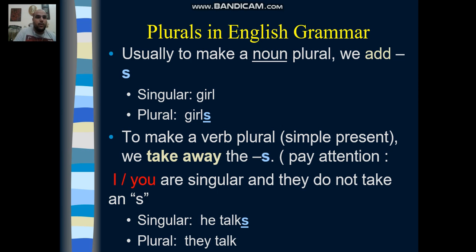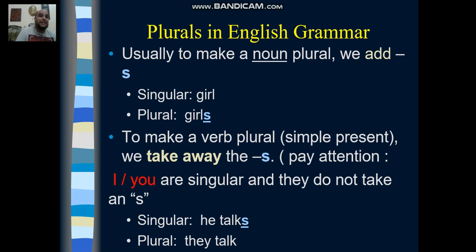So here we have, with a verb in the simple present tense, to make the verb agree with the subject: with I, you, we, and they, do not add anything in the simple present tense, okay. With he, she, and it, we have different kinds. Okay? If the verb ends with an x, just like to fix, you're going to add es. If the verb ends in sh, just like to brush, es, he brushes.